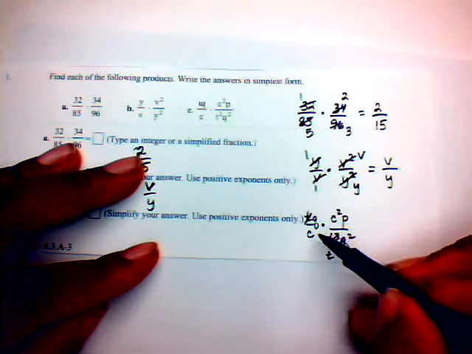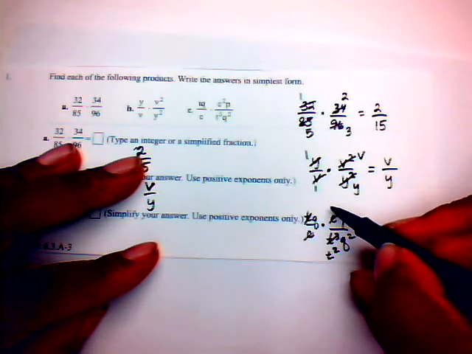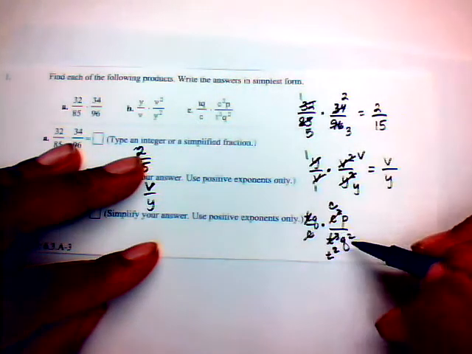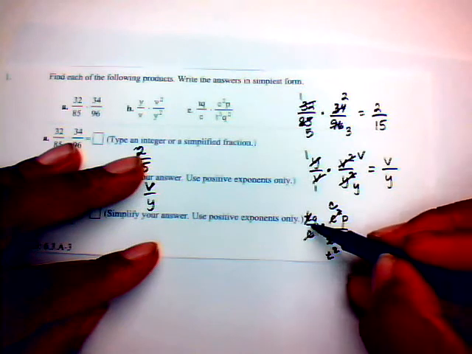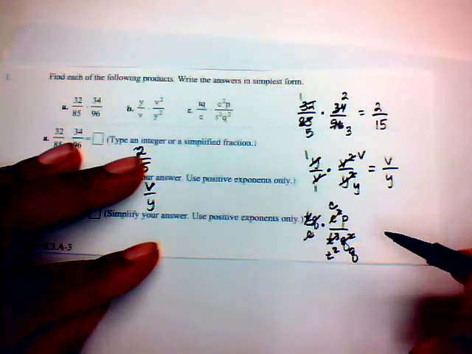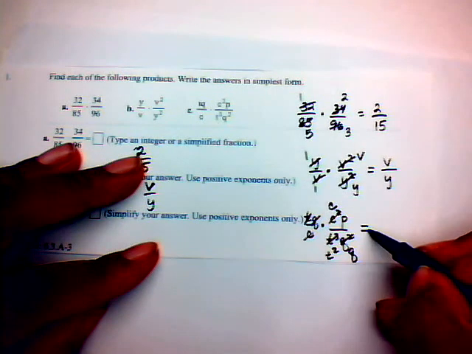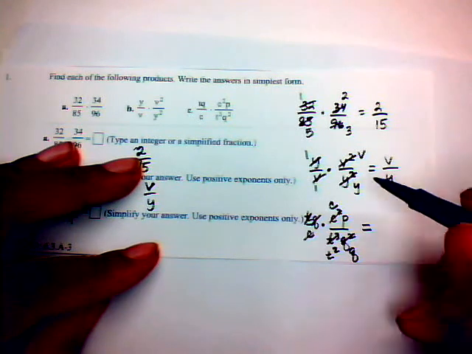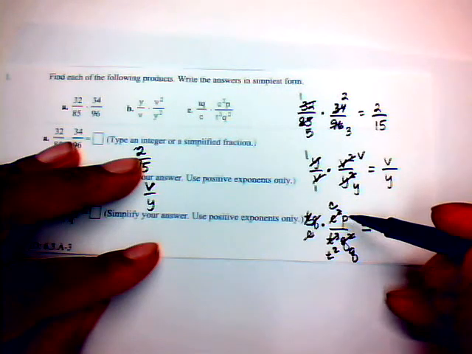For the c, one of the c's can be crossed out. This c can be gone, this c up here can be gone in c squared. I'm left with the c. Now for the q, one of the q's in q squared is gone. I'm left with just the one q. Now, in the numerator, I'm just going to be left with a c and a p.